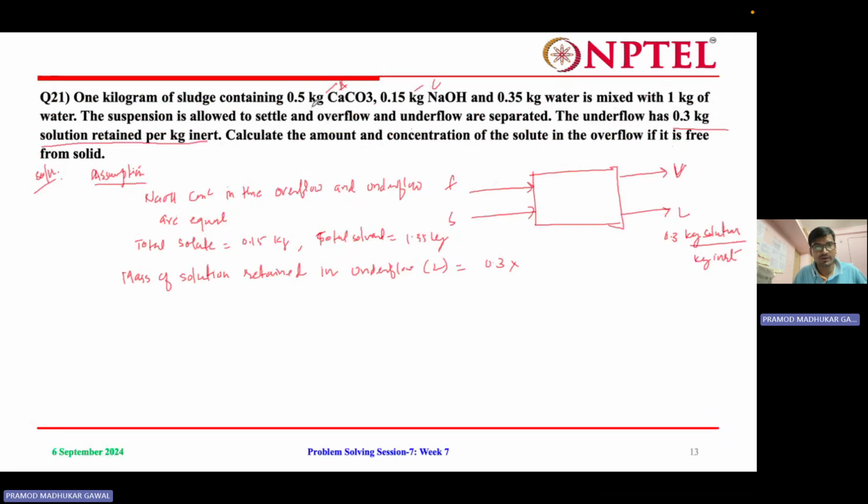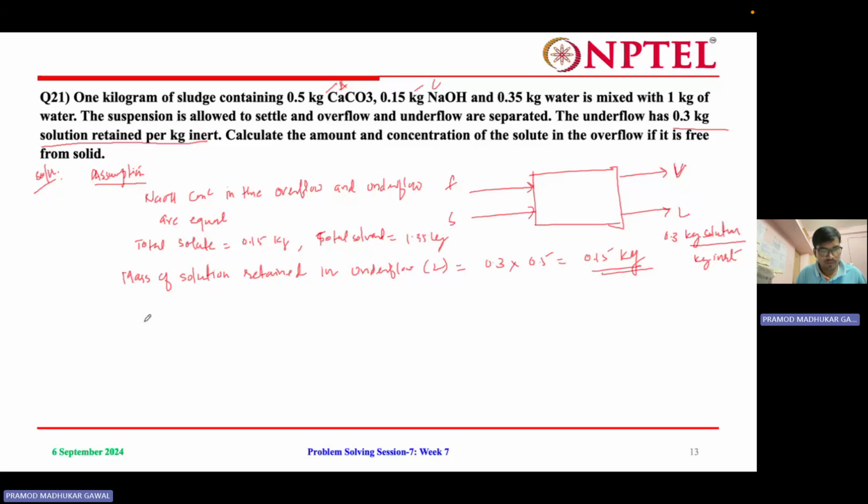Here is 0.5 inert, right? That's 0.15 kg. So the mass of the solution in the underflow, that's L, is 0.15 kg.